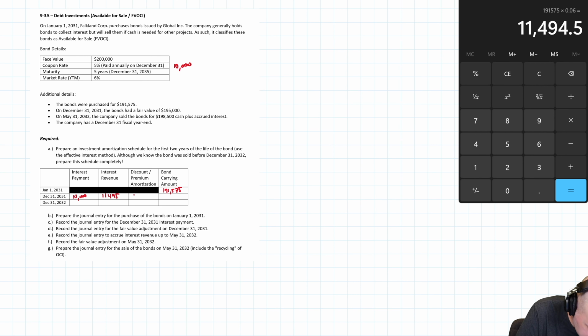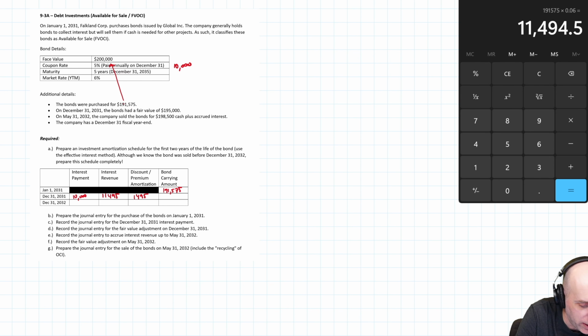Okay, now there's a difference here. Our revenue was significantly higher than our payment, right? Our revenue was $11,000. Our payment was $10,000. We're $1,495 higher. What is happening here? Why is the revenue higher than the payment? And the answer is because at the end of this bond, if I held on to it, I'm going to receive like an extra $8,000, $8,500, right?